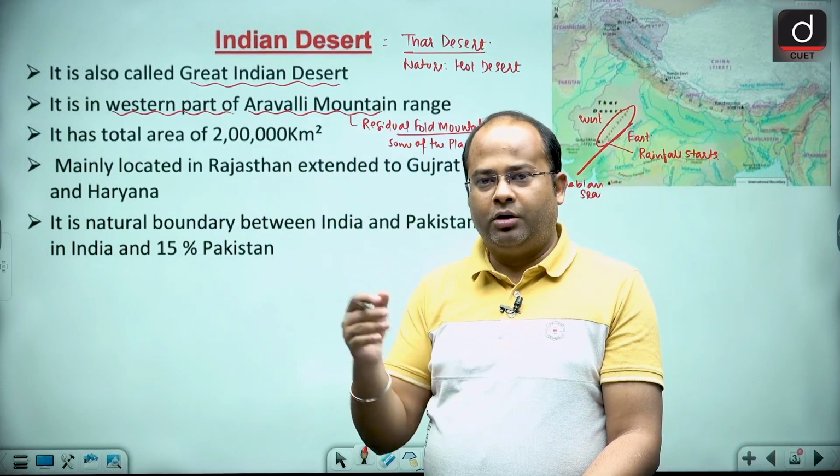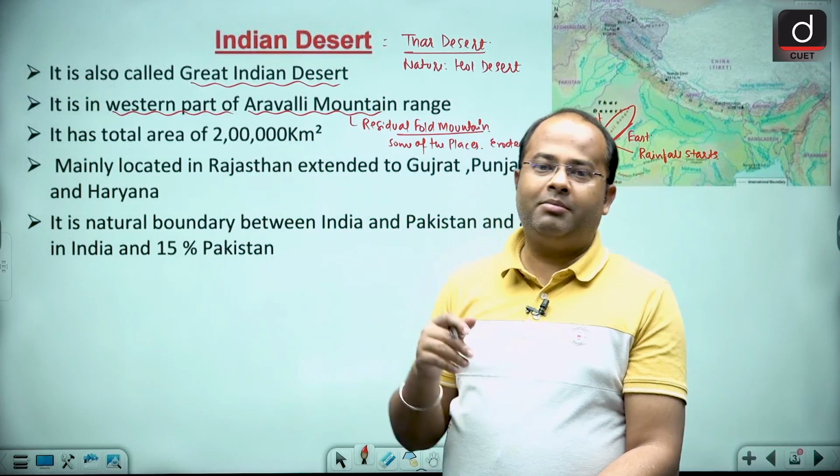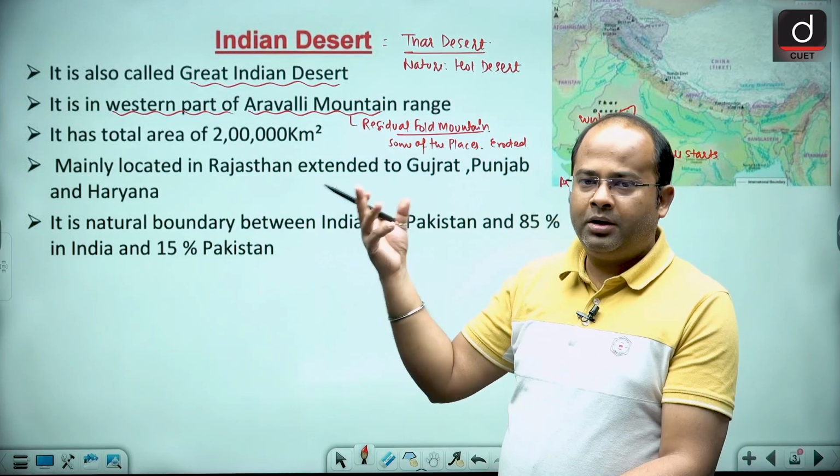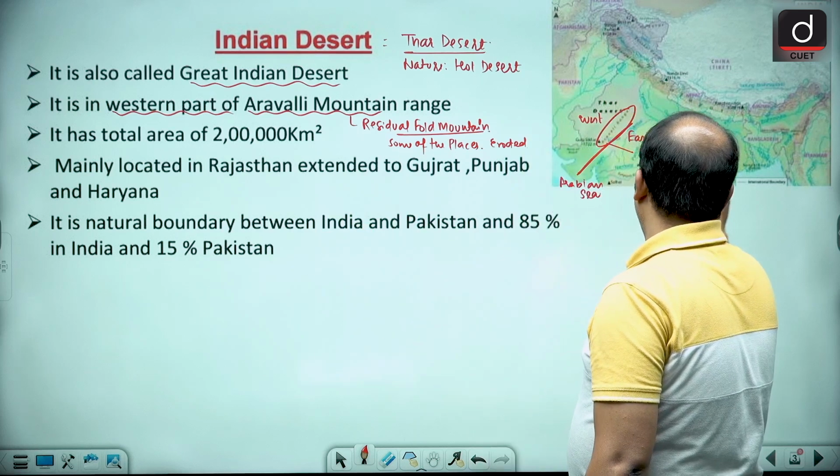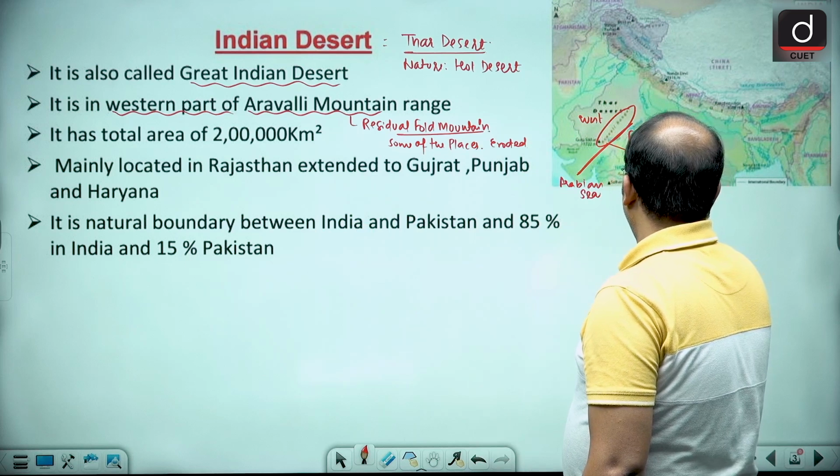So the cloud becomes lighter. How does it become lighter? After rainfall, the weight of the cloud decreases.